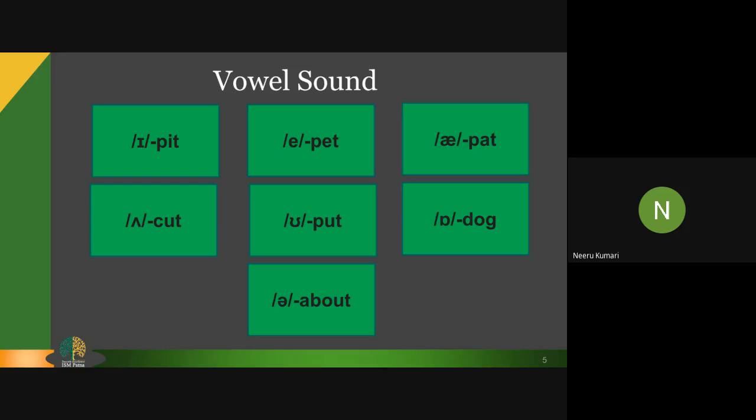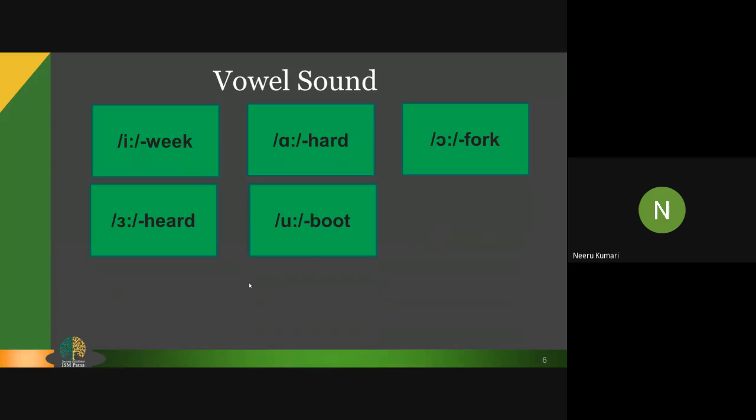Moving ahead, let us now practice the long vowel sounds. When we talk about the long vowel sounds, here we are going to stretch the sound, such as ee, ah, aw, er, oo.